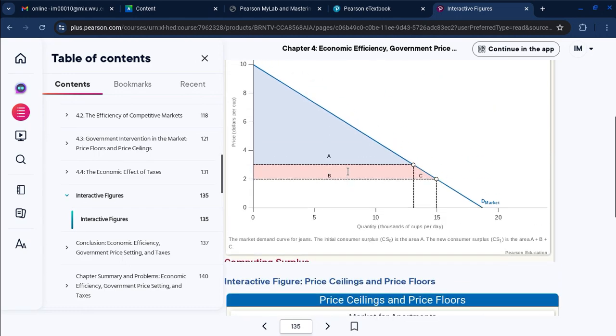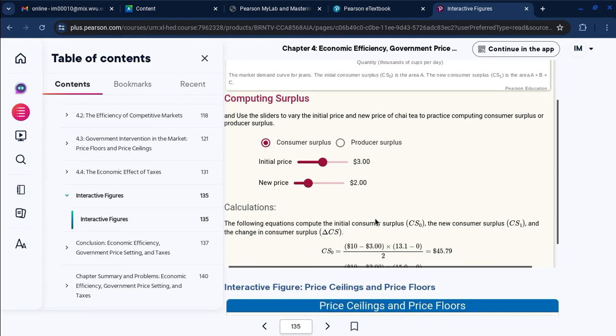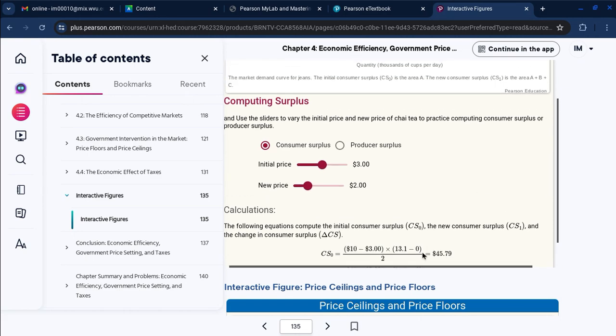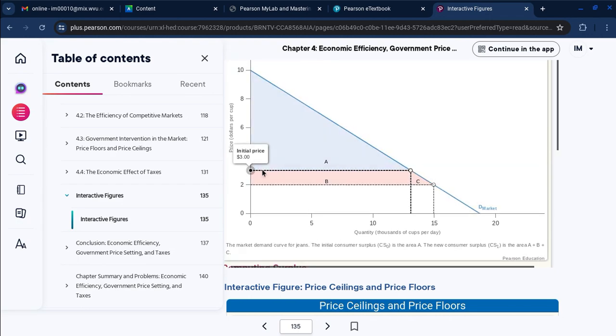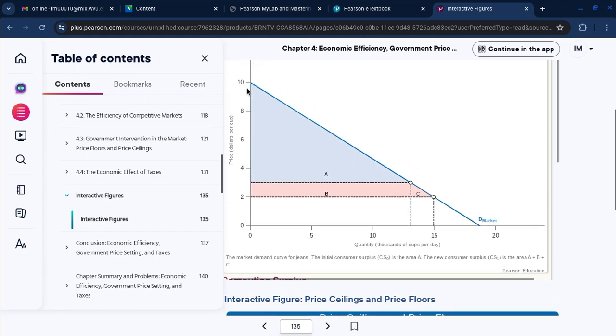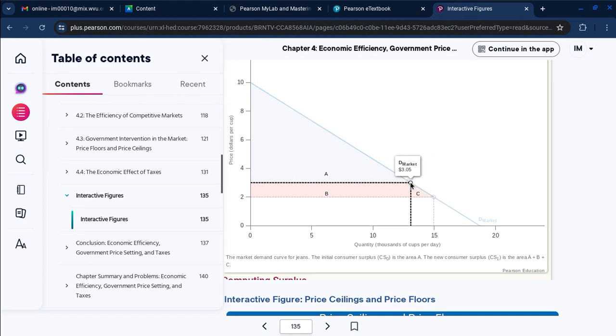And then we have the base of our triangle, which is from 0, where nobody purchases the product, compared to how many people actually buy the product. So that's going to be the lengthwise base of our triangle here. So we have the height of our triangle, the difference between what consumers are willing to pay and what they actually pay, and the base of our triangle, how many people actually buy the product.